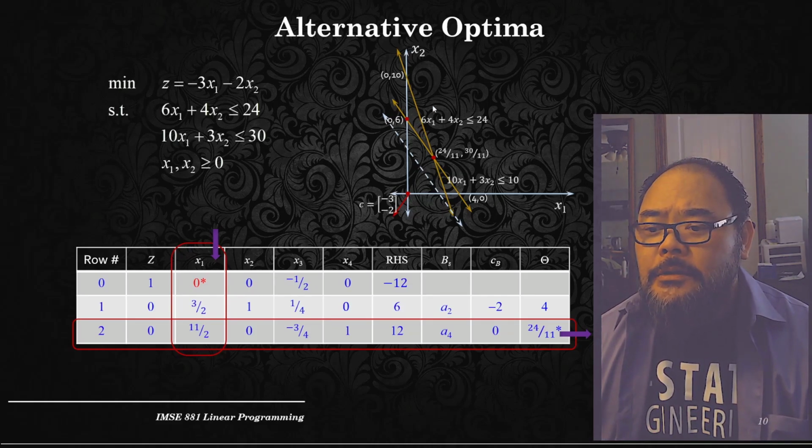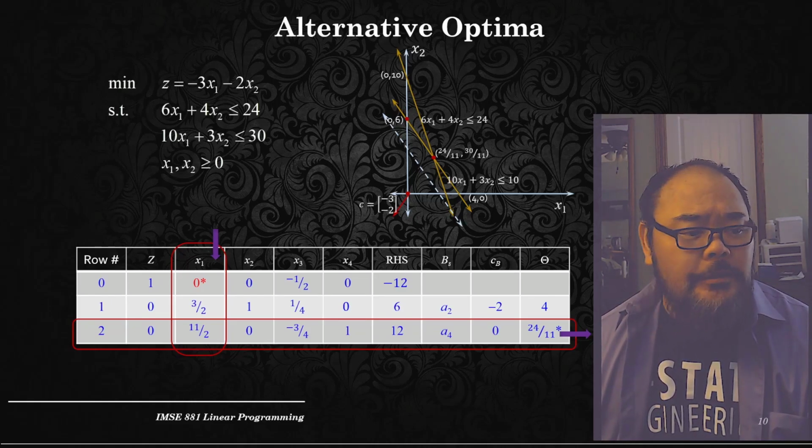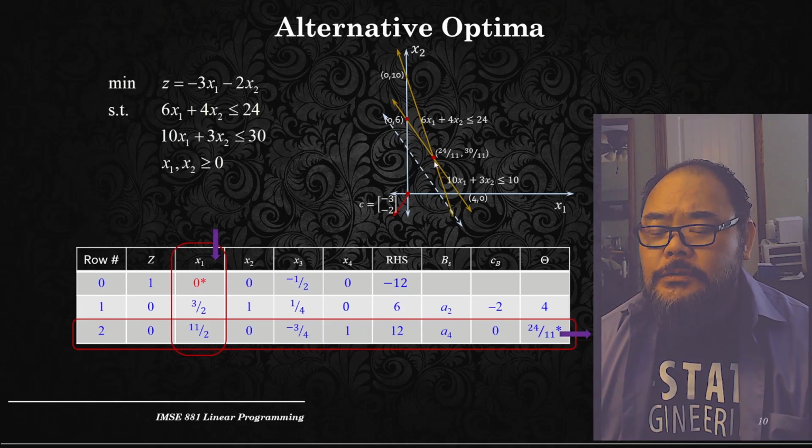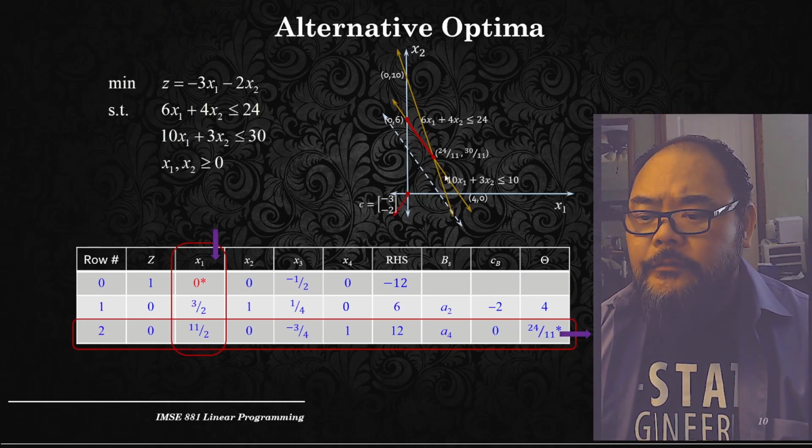This can be illustrated over here. The current optimal solution is x2 equal to 6 and x4 equal to 12, and in the new iteration this will be the next tableau's solution right here, and any point in between will be an alternative optimal solution.